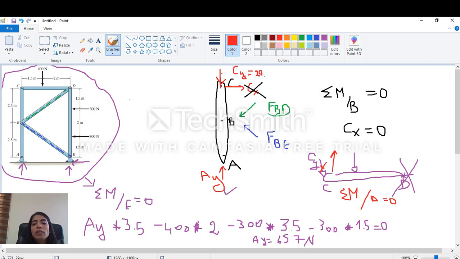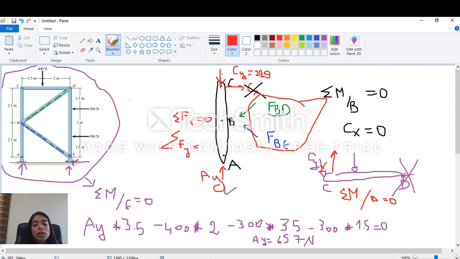So I only have two remaining unknowns, FBD and FBE. So what should I do? I have a member that has only two unknowns. Of course, I can apply the sum of fx is equal to 0 and the sum of fy is equal to 0.